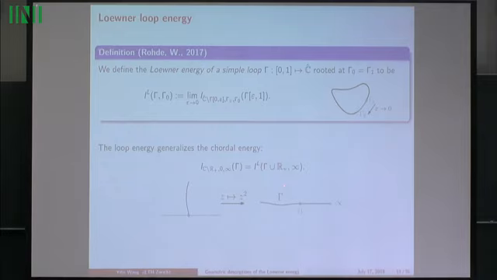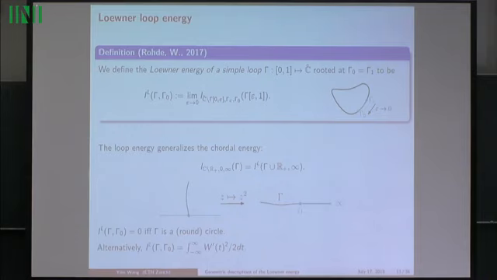I can consider gamma together with its boundary as a loop sitting in the domain, and the chordal energy of gamma in the initial domain equals the loop energy of gamma together with its boundary. A trivial thing is that the energy of gamma is 0 if and only if gamma is the straight line, the positive real line, and you get the perfect circle on the Riemann sphere.